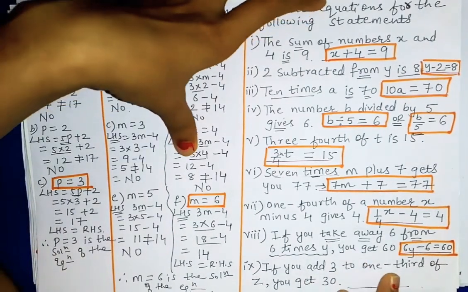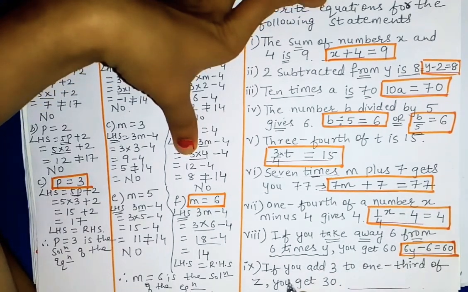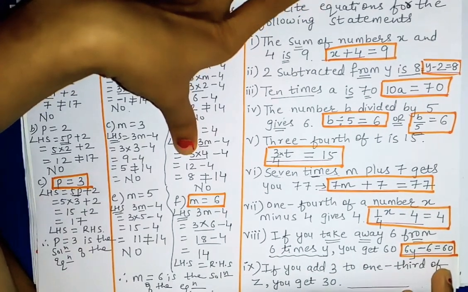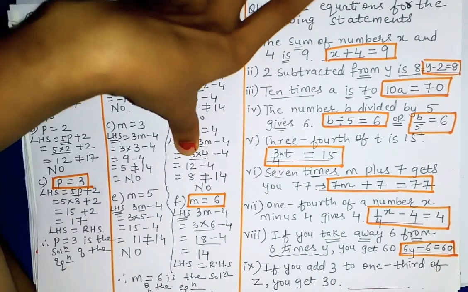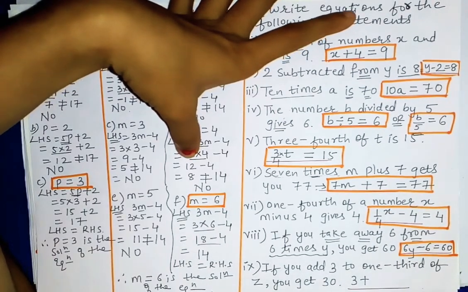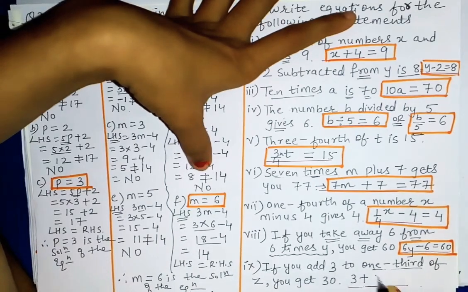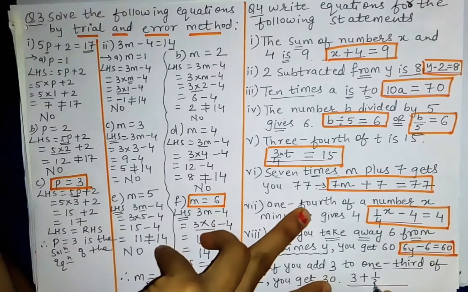Now we will see the ninth one, which is the last one of this question. If you add 3, so 3 you will add to 1/3 of z. So 3 we have to add, so 3 plus 1/3 of z. 1/3 means it will be 1 upon 3, a fraction part of z.